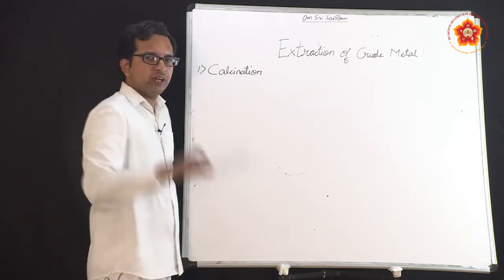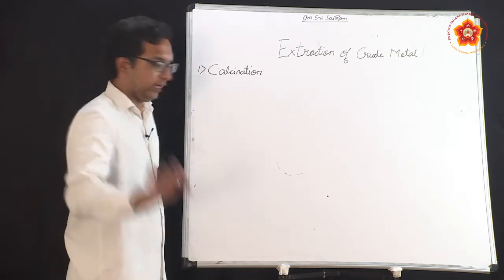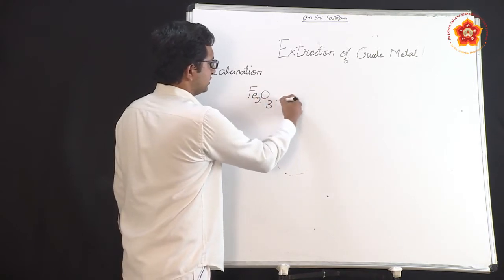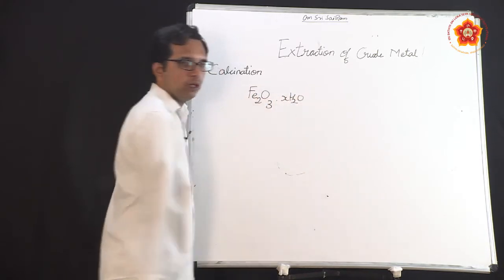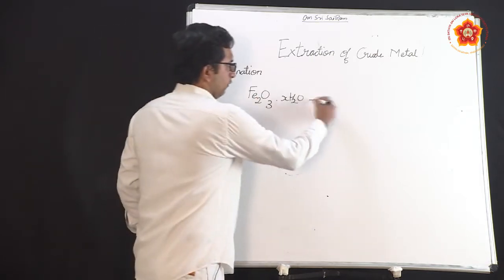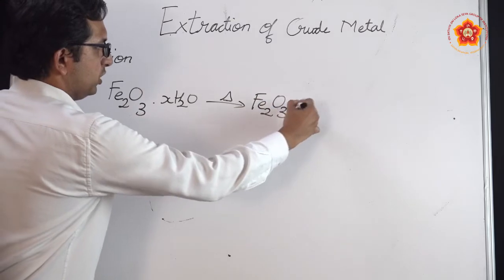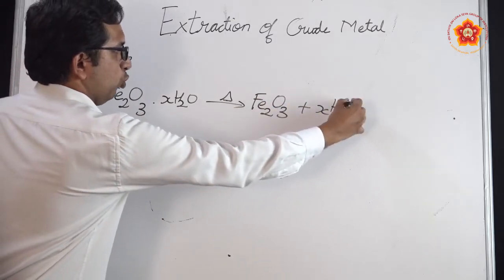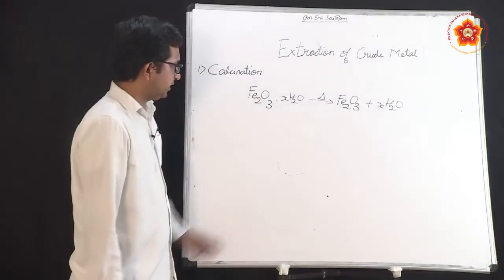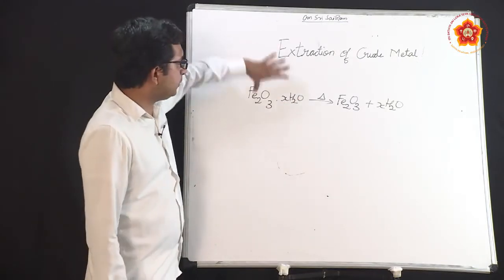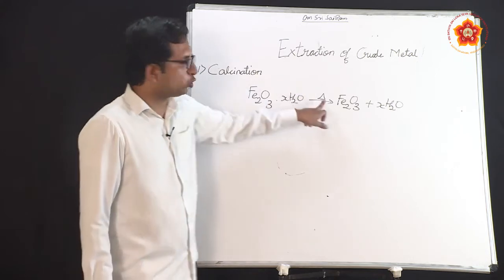This process does not utilize air. If we take an iron oxide which is in hydrated form, when we heat this iron oxide we can obtain Fe2O3 plus xH2O. What has happened here is that the hydrated form, the water component, is eliminated from this ore due to heating.